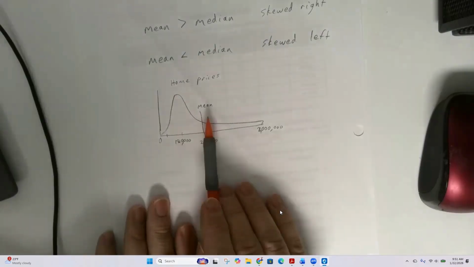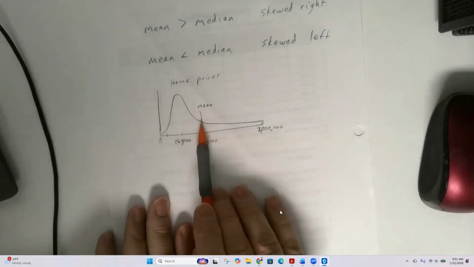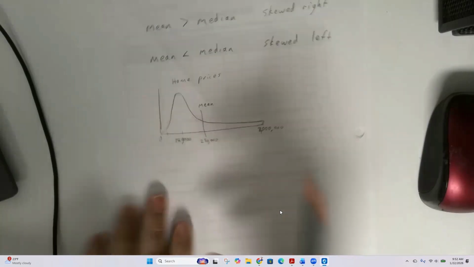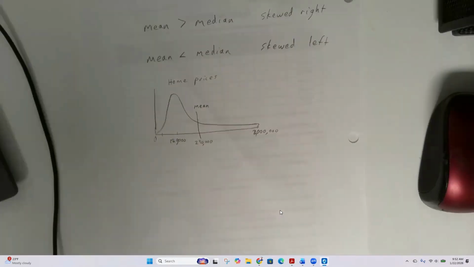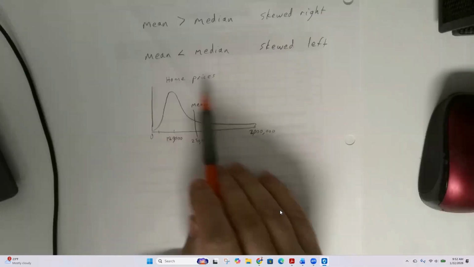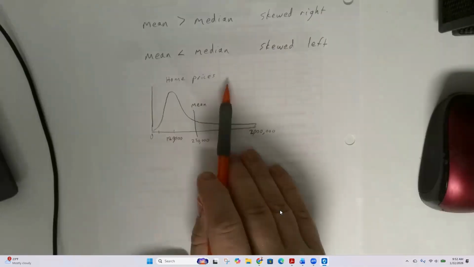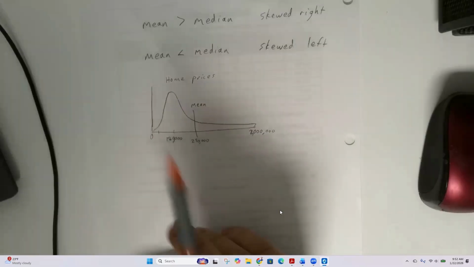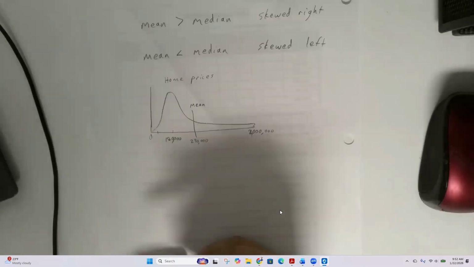So mean, average, is not a good measure for a normal home price. When you talk to realtors, they don't use mean, they use median. The median home value or the median household income is a better measure of a normal house.